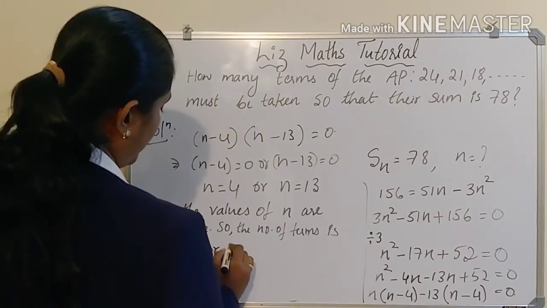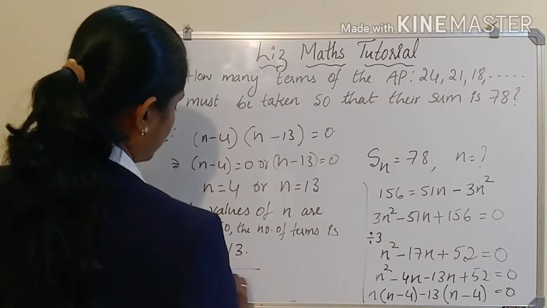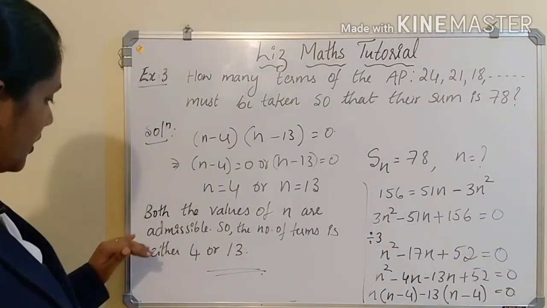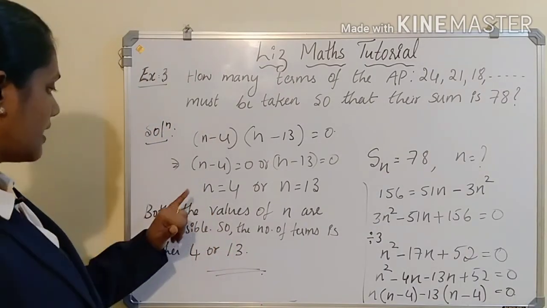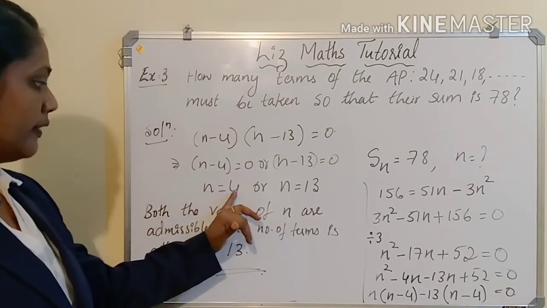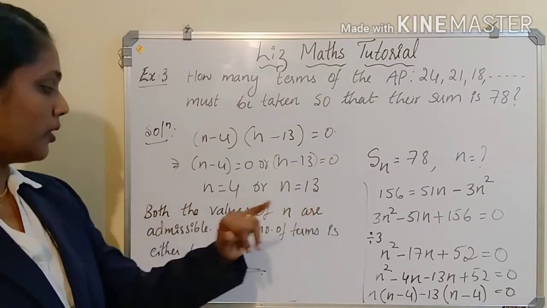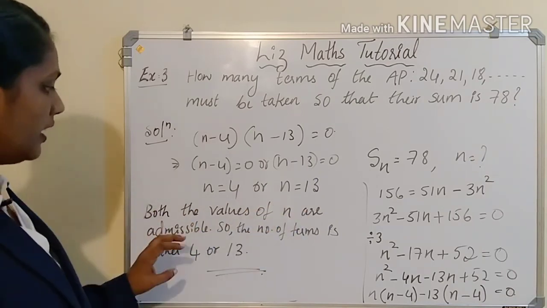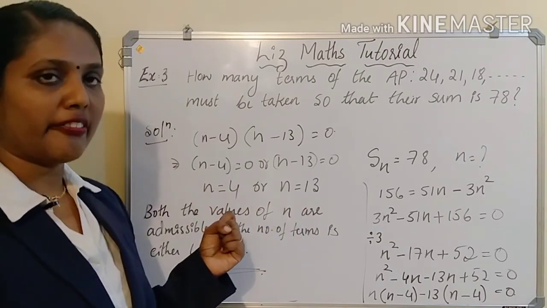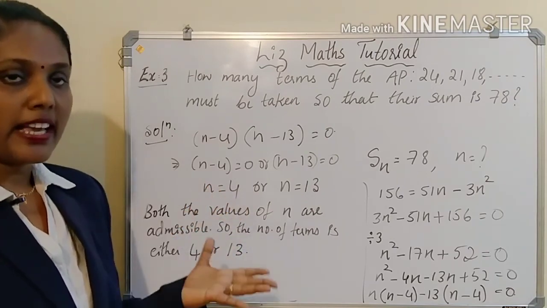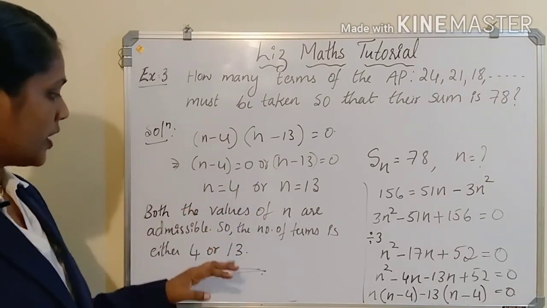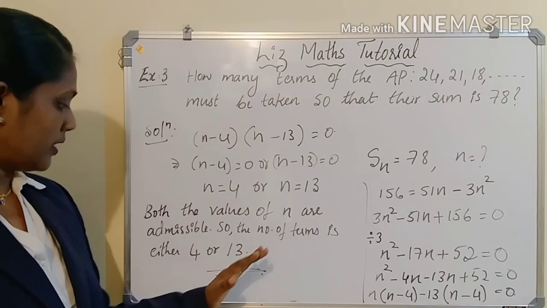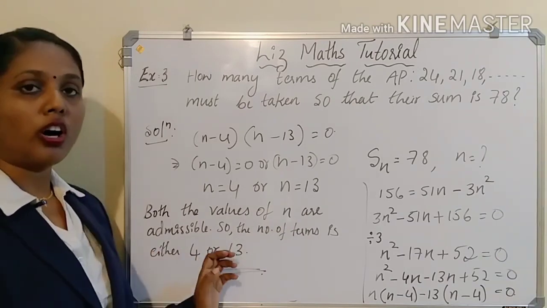See here, you can write the conclusion like this. n is equal to 4 or n is equal to 13 you got. So both the values of n are admissible. So here you can take both. When you take either, you will get the same sum as 78. So you can write, the number of terms is either 4 or 13.